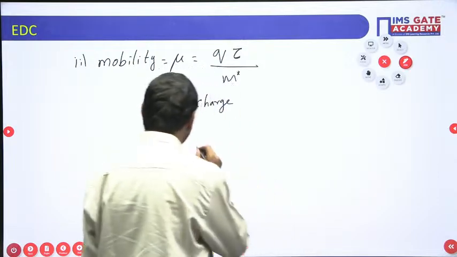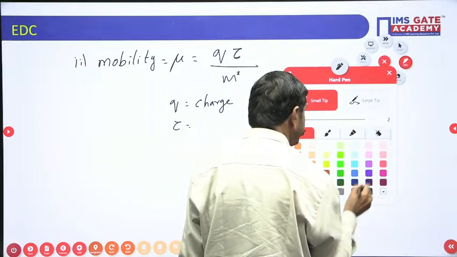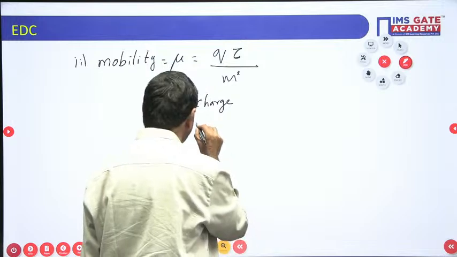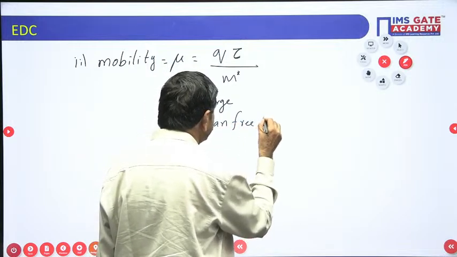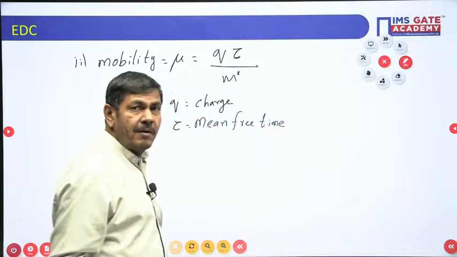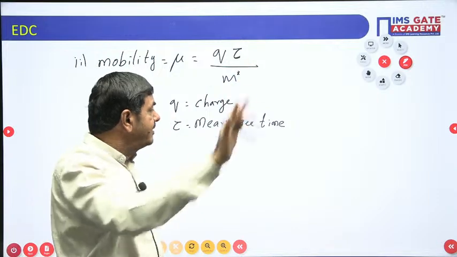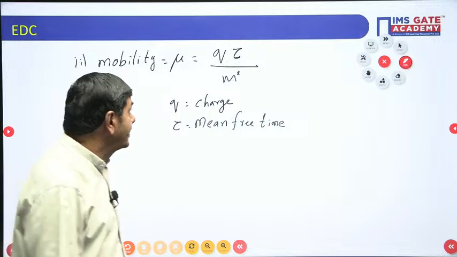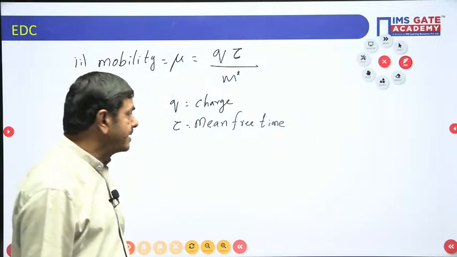So tau is nothing but the mean free time. This is to be taken as the mean free time of electron or hole only now. Understand? I have taken it commonly now. That is taken here now. It is in seconds only. Understand my point now? You can take it in seconds.